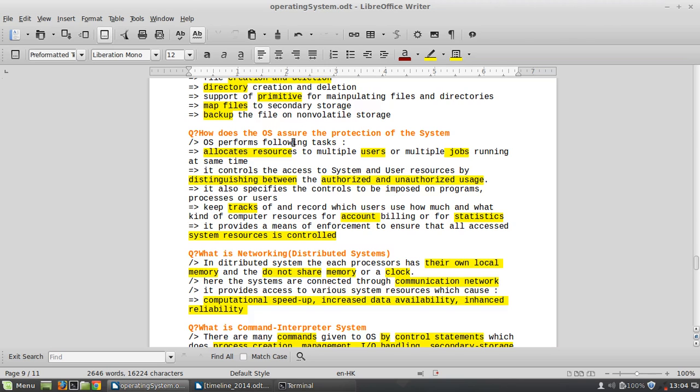It also keeps track of all the records: what the user is using, what kind of computer resources he is using, and when he is using them. Everything is tracked, and this is done for account billing or for certain kinds of statistics that the operating system performs.